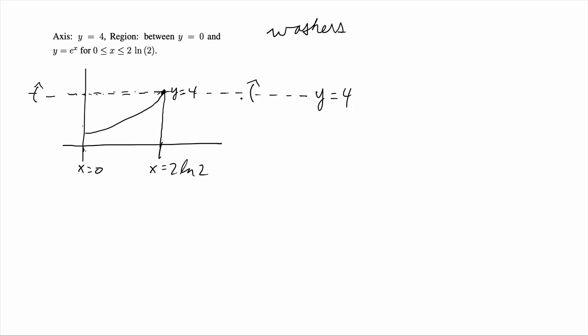We have our region sketched out, and we want to use washers. So we think, do we draw our lines? The region is in here. This is where the region is. And we think, are lines that are parallel or perpendicular to the axis of rotation, when I rotate them around, going to look like washers?